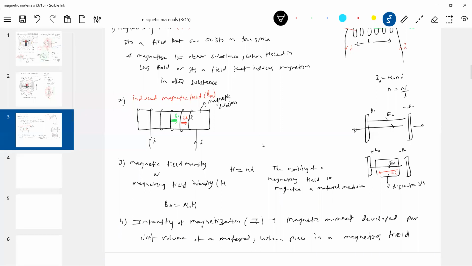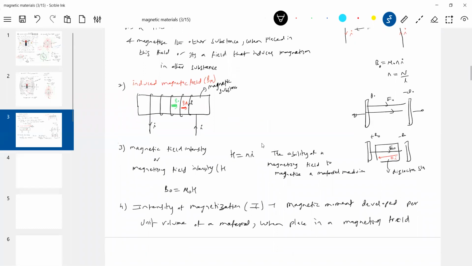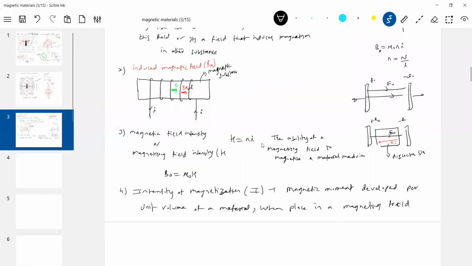This is called intensity of magnetization. So what is the dipole moment? What is this particular material made up of? Total magnetic moment. This intensity of magnetization is the magnetic moment per unit volume.